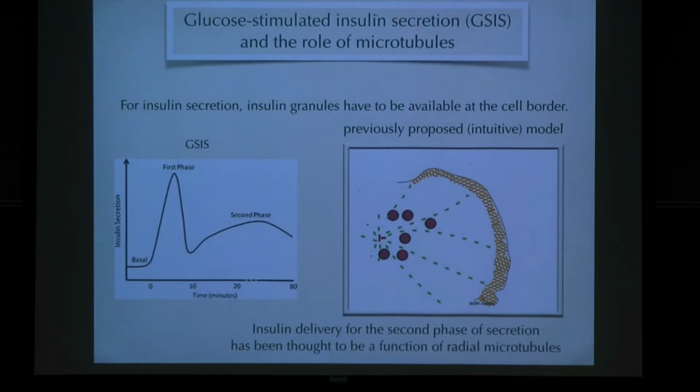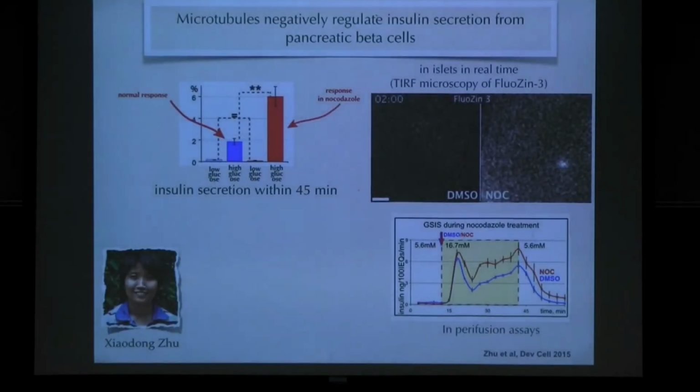So that was the understanding, and we started looking at it, and the first experiment that we did, we just simply destroyed microtubules in a cell, and as a control, measured the insulin secretion. Surprisingly, we got the opposite result than what we thought we would. If you can see in that bar graph, the two blue columns is normal secretion, low glucose, high glucose, it goes up.